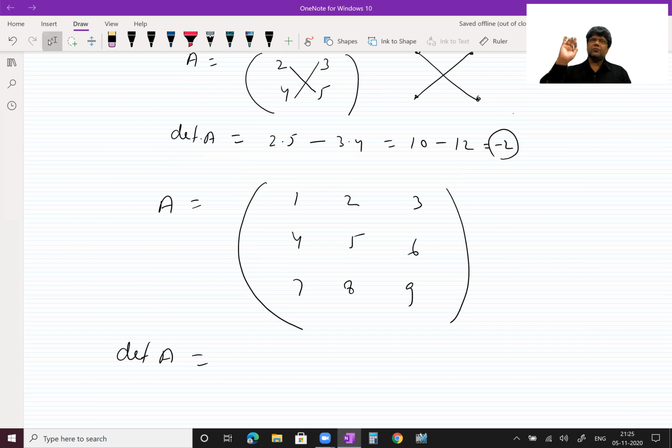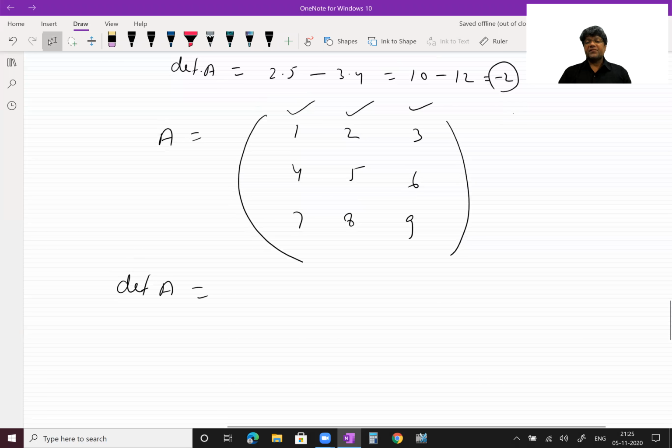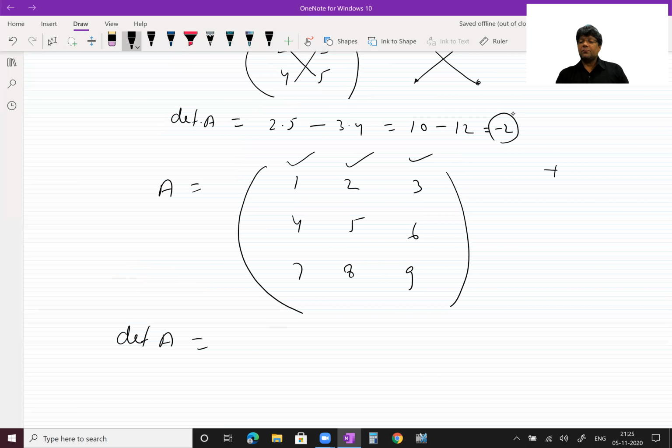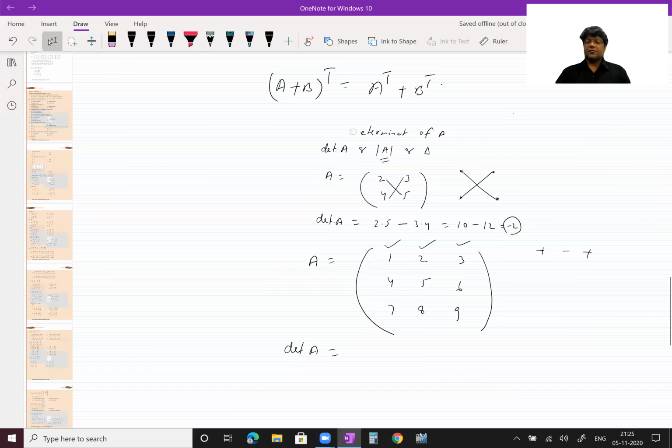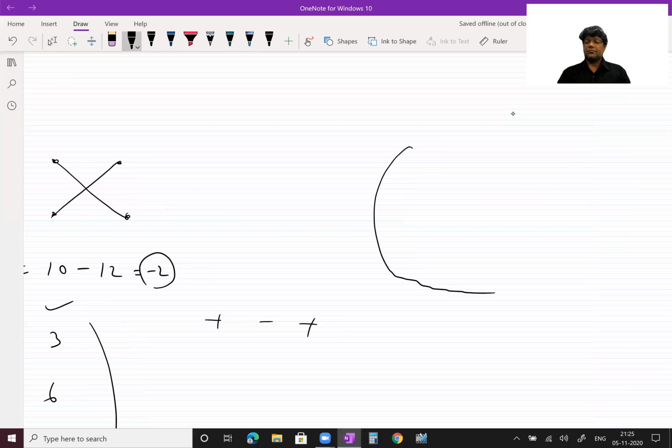Forget that, guys, because ultimately what I taught you is that you do it with the first row only. Why is it convenient? The first row we will take, with the signs plus, minus, plus, from the cofactor sign rule: plus, minus, plus, minus, plus, minus, plus, minus, plus.